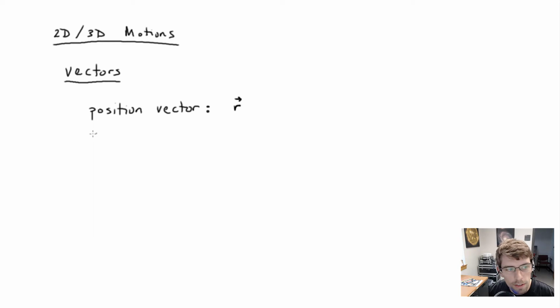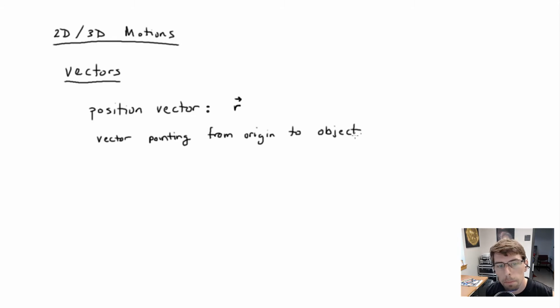And what this is, it's the vector pointing from the origin to a location in space, or to the object. Okay. Hence the position vector.